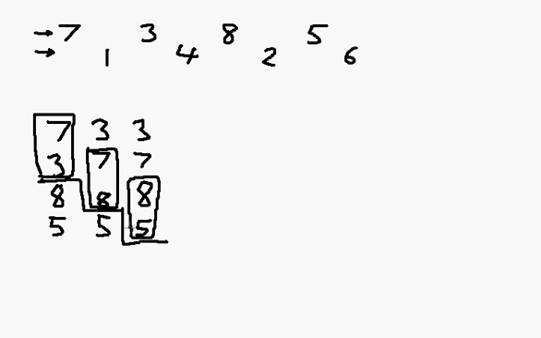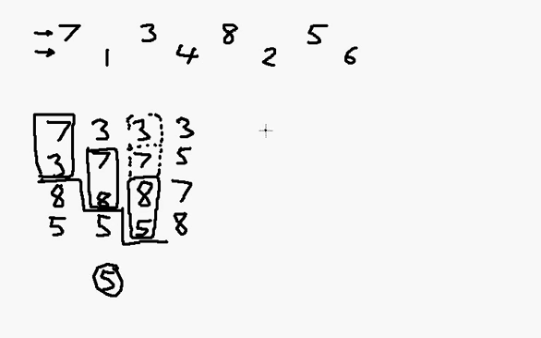Okay, now they will need to swap, so I need to compare with the 7, and I will also need to compare with the 3. Okay, because the 7 and the 5 will swap, so I need to compare with the 3. So I'm going to end up with 3, 5, 7, and 8. Okay, so I made 1, 2, 3, 4, 5 comparisons with that sort.